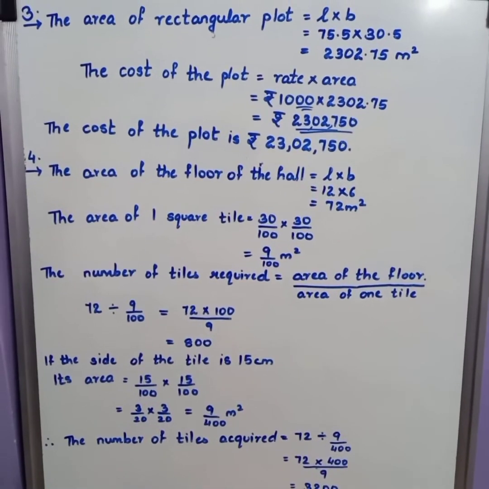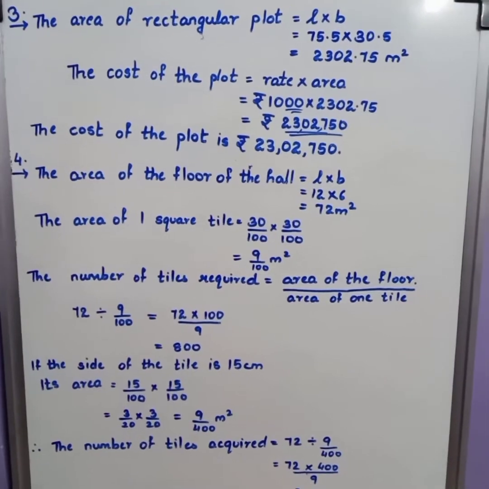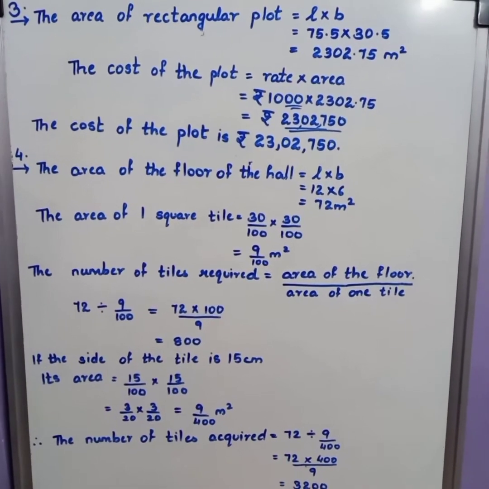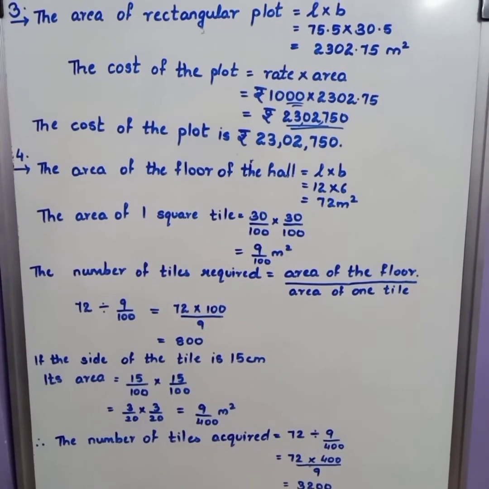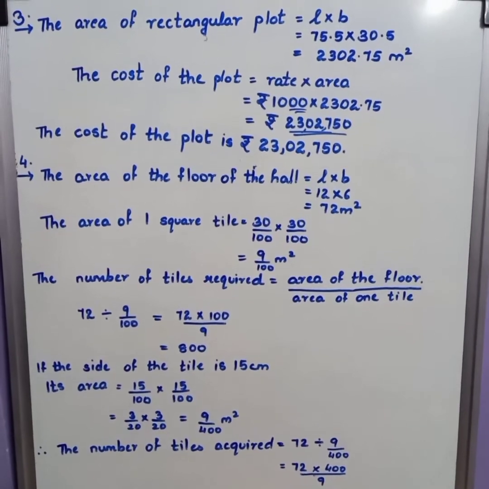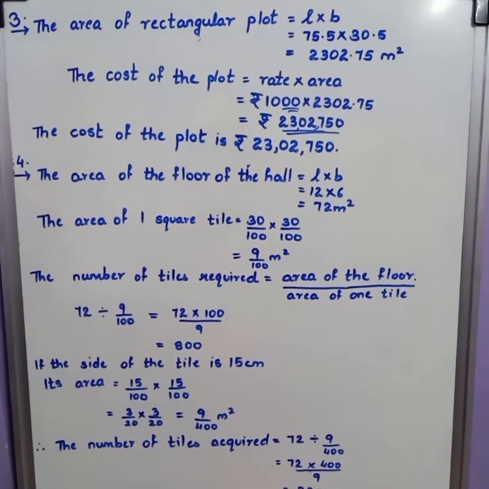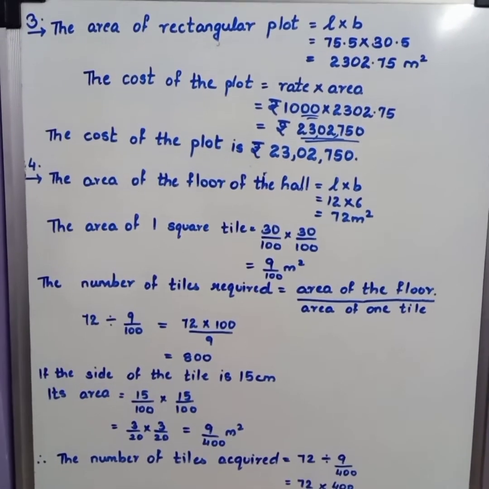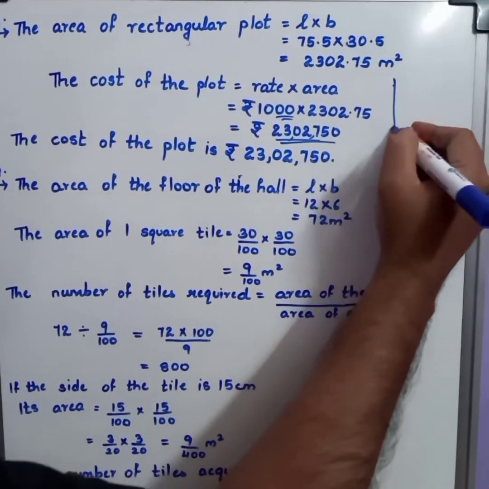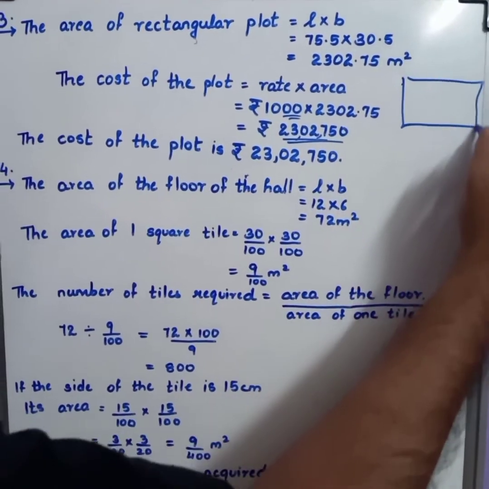The length and the breadth of a rectangular plot of land is 75.5 meters and 30.5 meters respectively. What is the cost of the plot at the rate of 1000 per square meter? For example, we got a plot which is rectangle in shape.